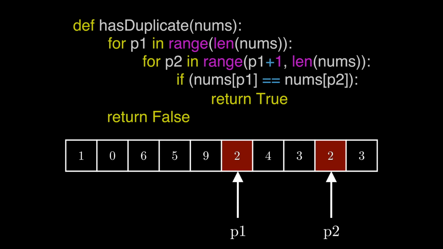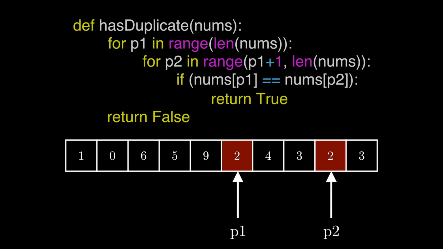Why? Remember, the nested for loops check all pairs of elements to see if they are equal to each other. And if we manage to check all pairs without finding a pair that is equal to each other, then we can rest assured that there were no duplicates. So if we make it outside of the double for loops, we can just return false.